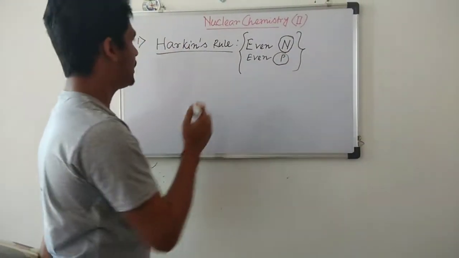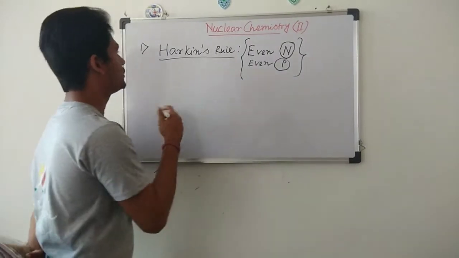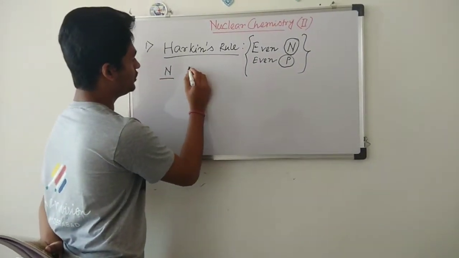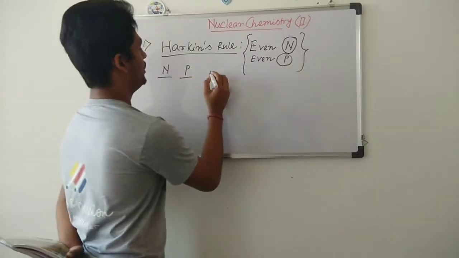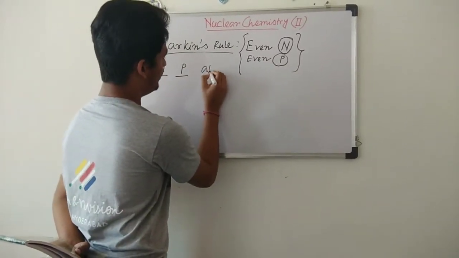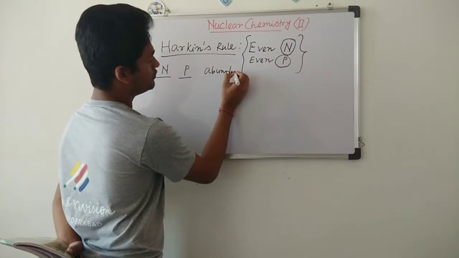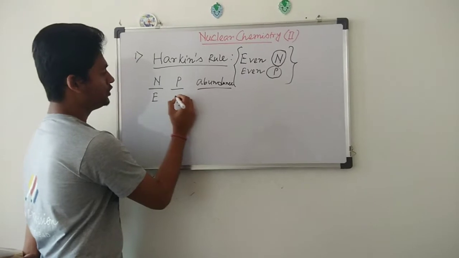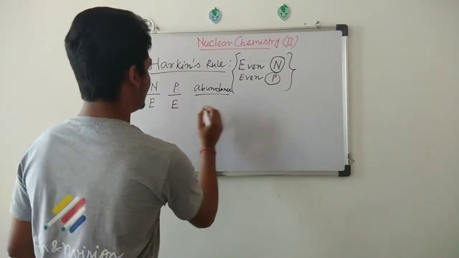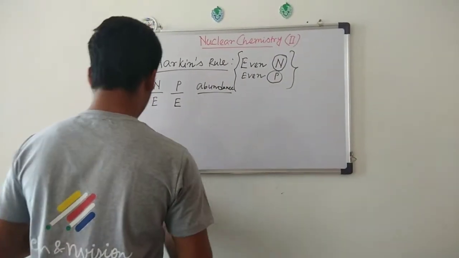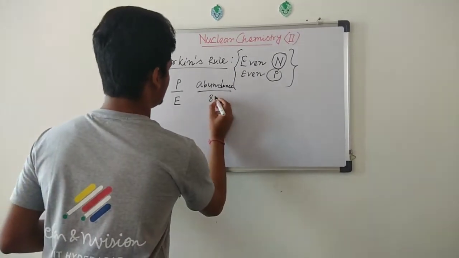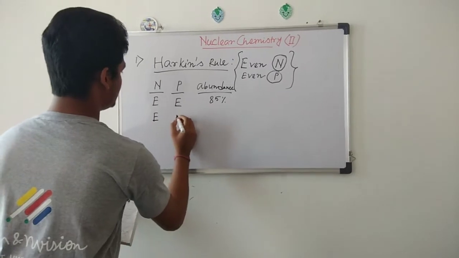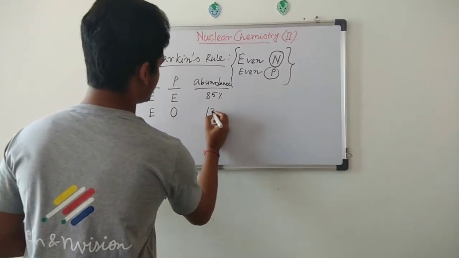According to the abundance, he has a chart, so I will write it down. Neutron, I am writing; proton, I am writing; and this is the abundance. When neutron is even and proton is even, it is like 85%. When neutron is even but proton is odd, it is 30%.